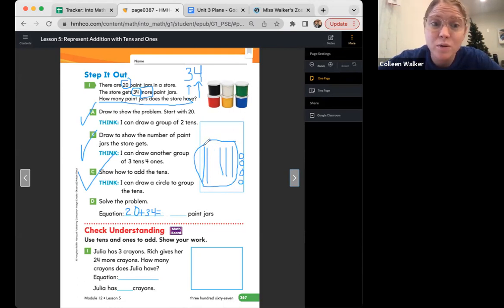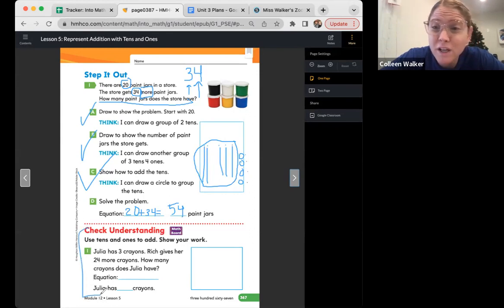So can you count by 10s with me? 10, 20, 30, 40, 50. Oops, I put a dot there too. Now we're going to count by 1. So 51, 52, 53, 54. What's our sum? Yes, that's right. 54.